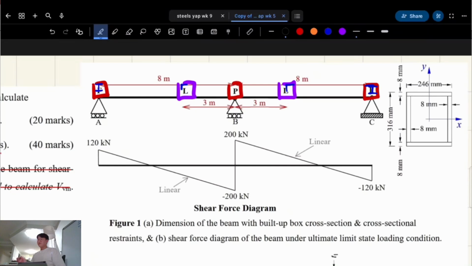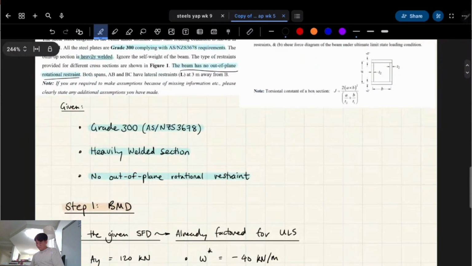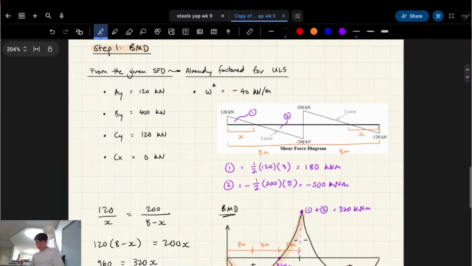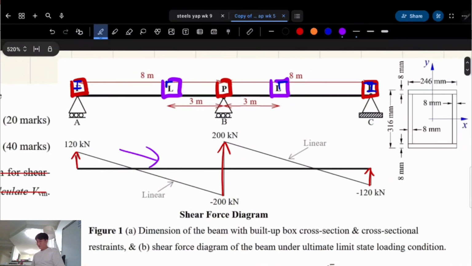What are the reactions? 120. So each of these is 120, right? What's this one? 400. Okay, anyway, you can do it however you want to figure out the bending moment diagram. I've done it like this. Oh, and a distributed load, because you can see this is falling. That implies there's a UDL on there.